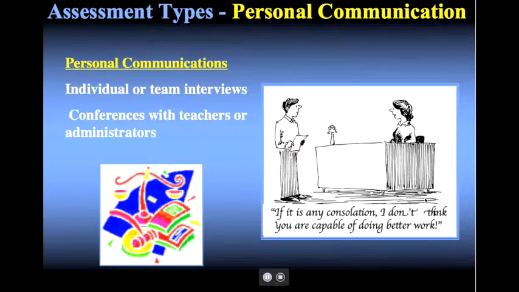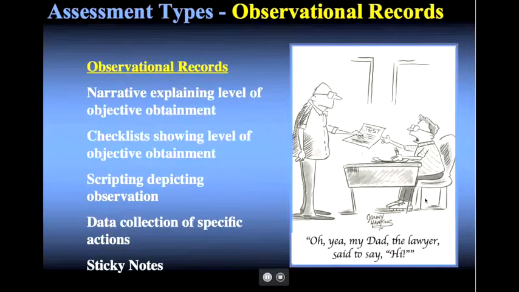And then simple conferences with teachers and administrators are set up periodically to ask, how are you doing? How are we meeting these objectives? So personal communication is sometimes not considered in a total assessment system, but it needs to be given some significant looks.